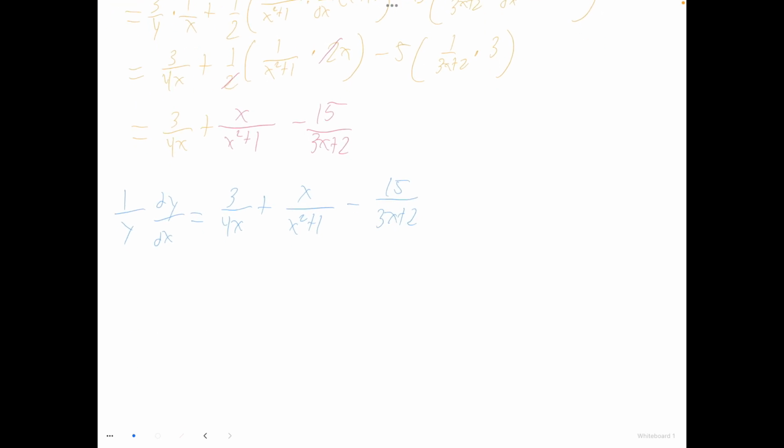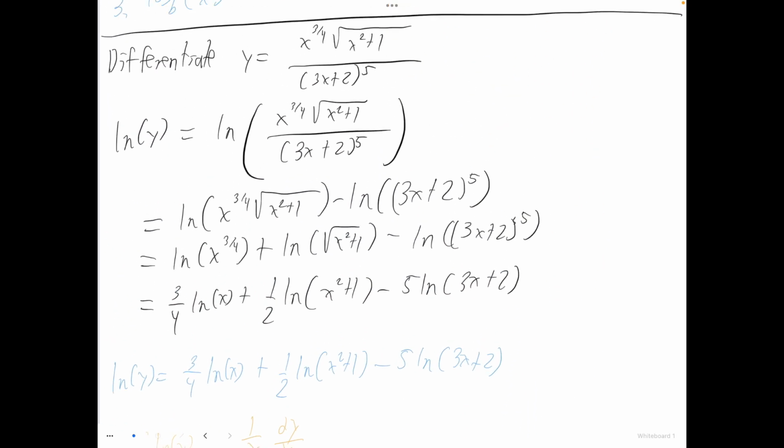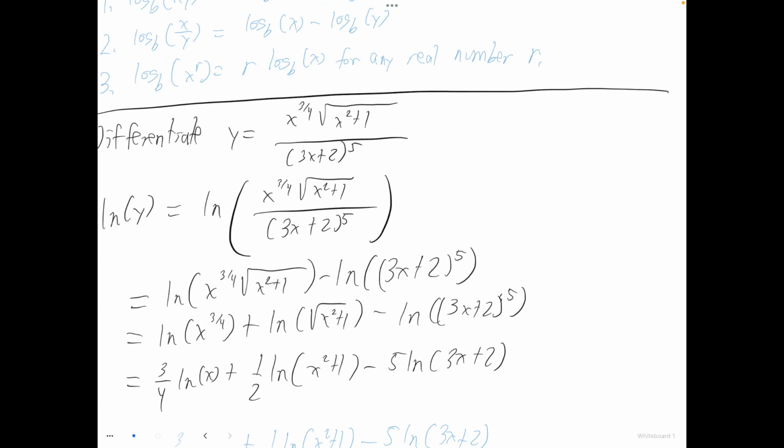Multiplying by y on both sides to get dy over dx by itself, we have dy over dx equals y times 3 over 4x plus x over x squared plus 1 minus 15 over 3x plus 2. But we know what y is. Remember, y was just our original expression. So y is this really complicated looking expression that we had before.